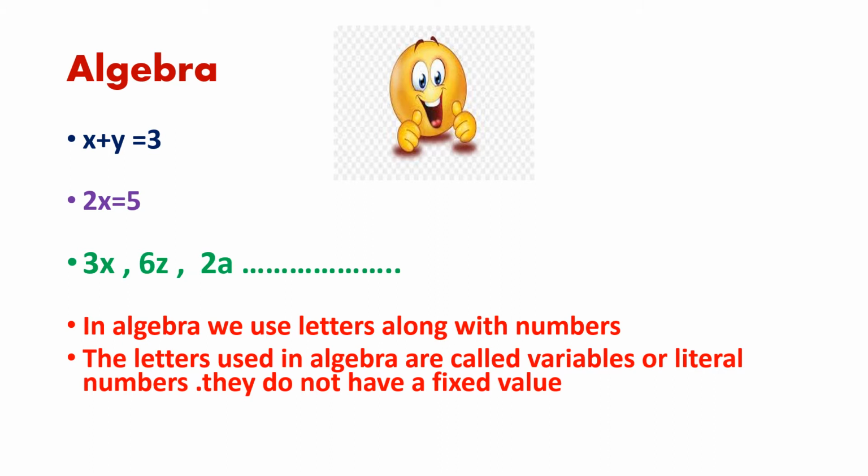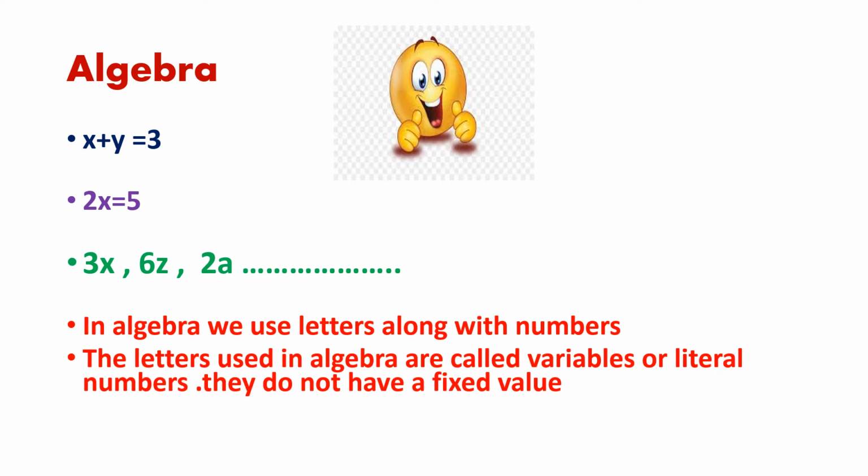Like if somebody gives you a handful of chocolate and you don't know how much it is, you can say let it be x. When we don't know something which does not have a fixed value, we can just call it x, y, z. So it is not very difficult, it is very easy.